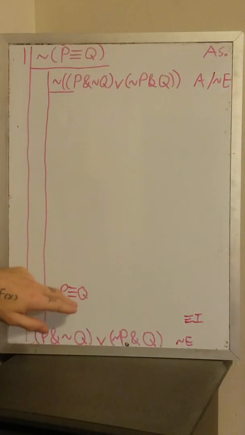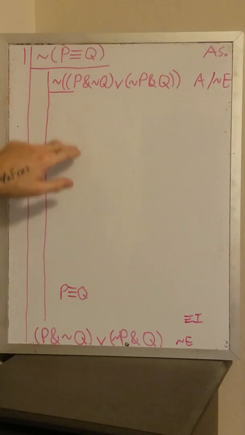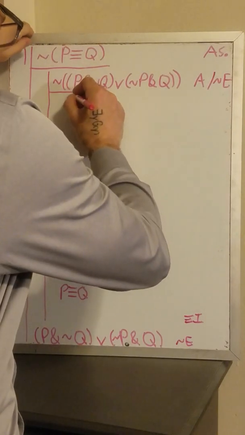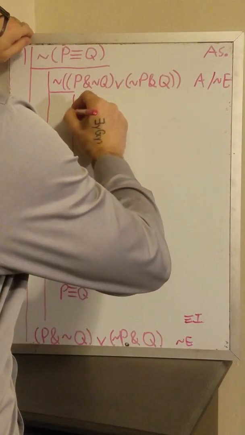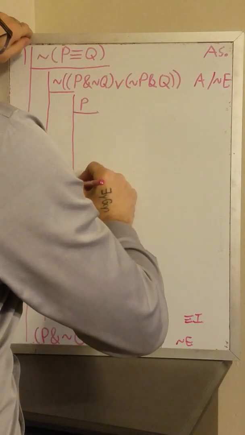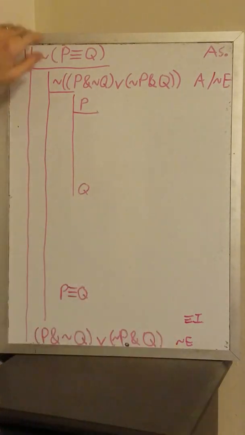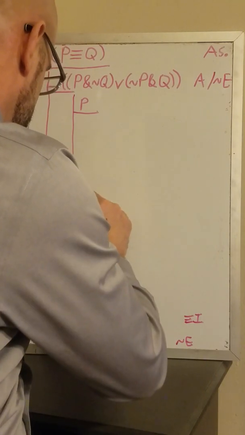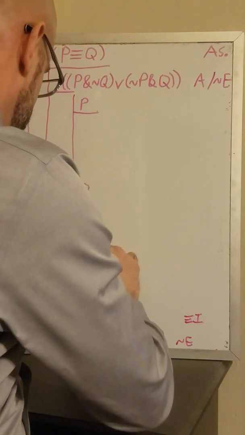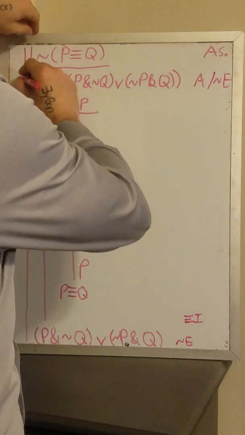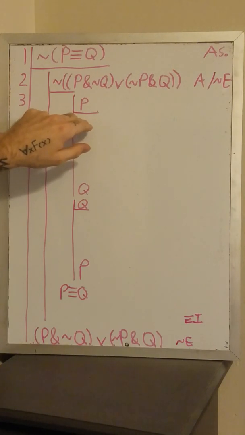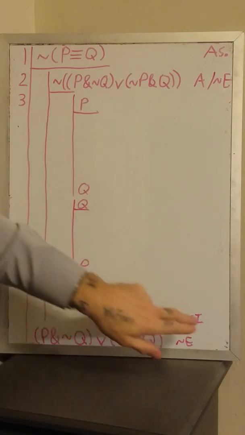And that means we need to make two subderivations, one beginning with P and ending in Q, and one beginning with Q and ending with P. So our line 3 here is an assumption for purposes of biconditional introduction.